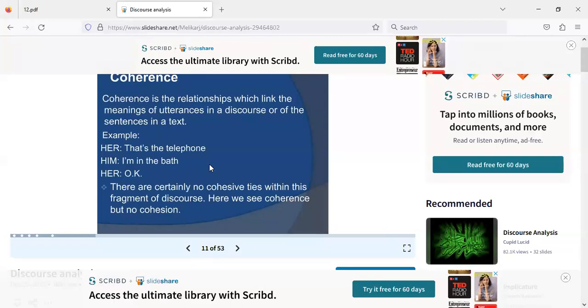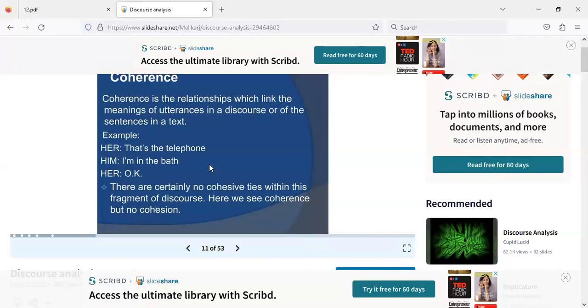So without cohesive devices, it still conveys a kind of meaning, right? It makes sense to us. There are certainly no cohesive ties within this text or fragment of discourse, but we see the meaning there. That means we get the coherence, right? Okay. So we don't find cohesion, but we see the connectedness.